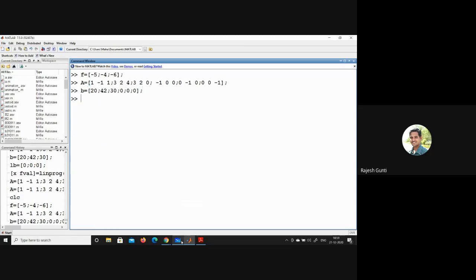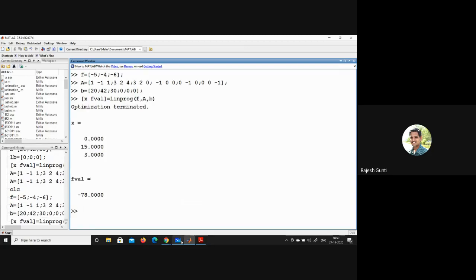F is there, capital A is there, small b is there. Okay, directly we can take x equal to the log, F, capital A, small b. Okay, we got the same solution. Am I correct?